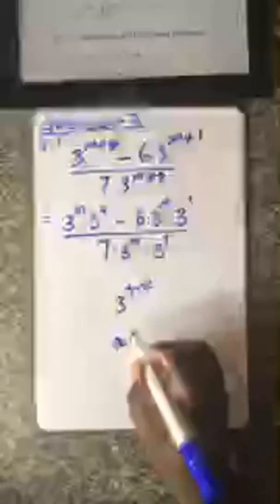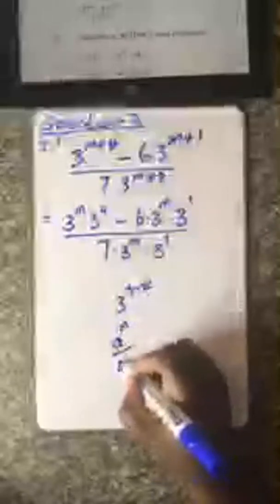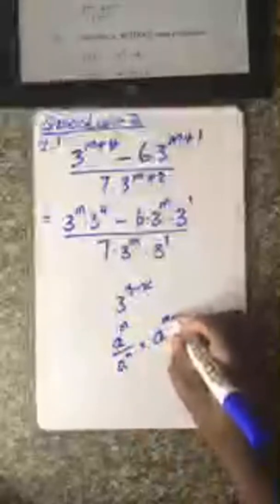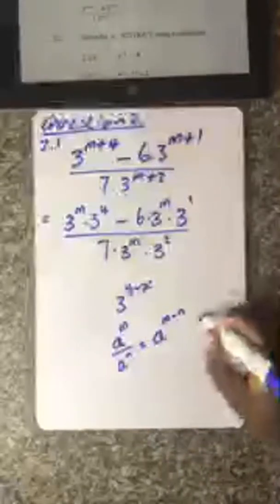For example, if it was a negative number there on the original equation, then you apply that rule where you've got a to the exponent m divided by a to the exponent n. This is equal to a to the exponent m minus n. Okay, this is a rule.